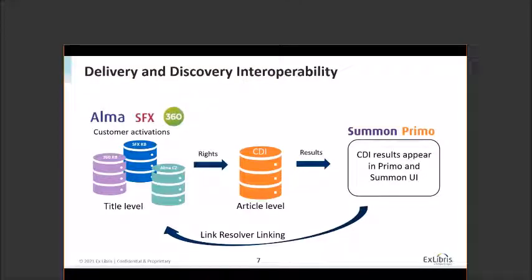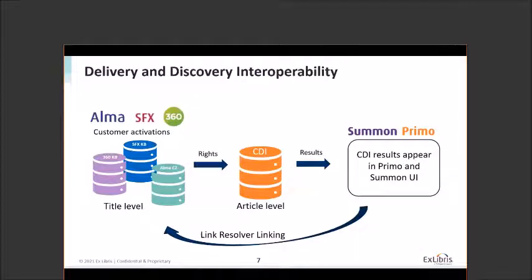For each square in this huge table, we have 1 or 0. For each record, we calculate based on the customer's activations whether the customer has rights to it or not. And the results are visible in the Primo and Summon UI.